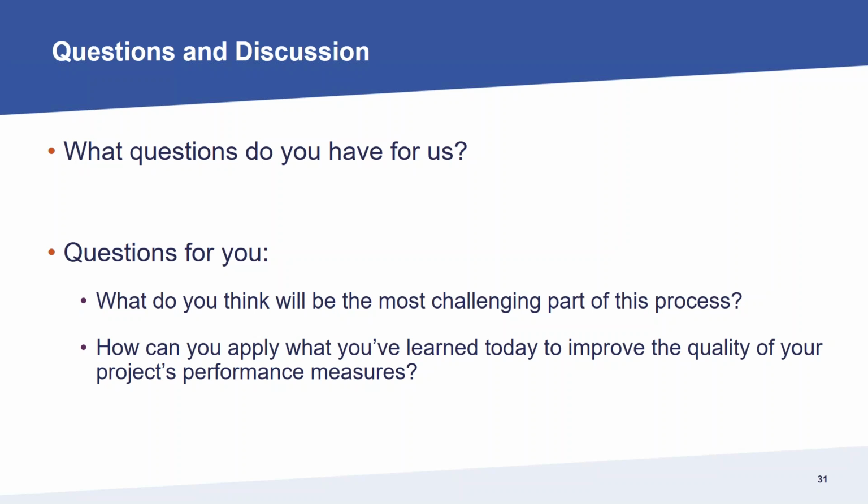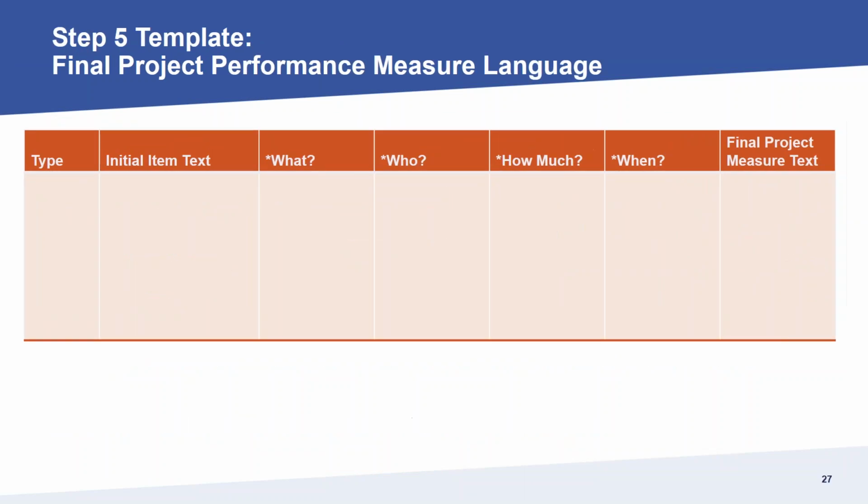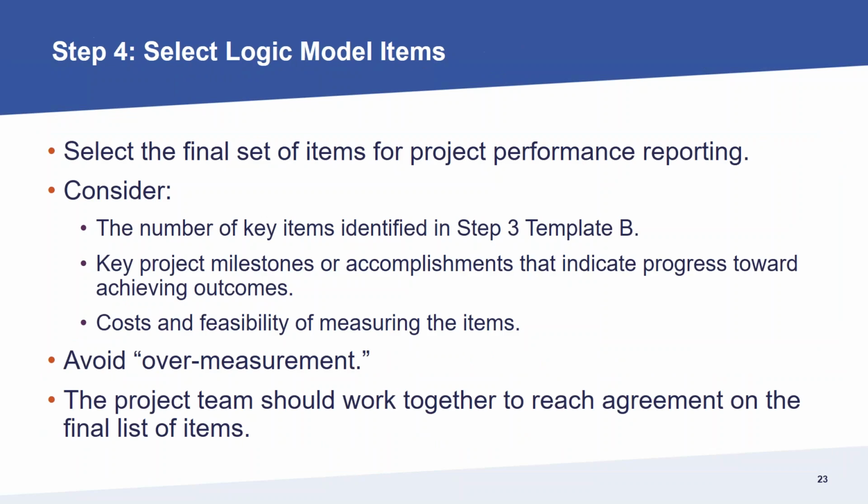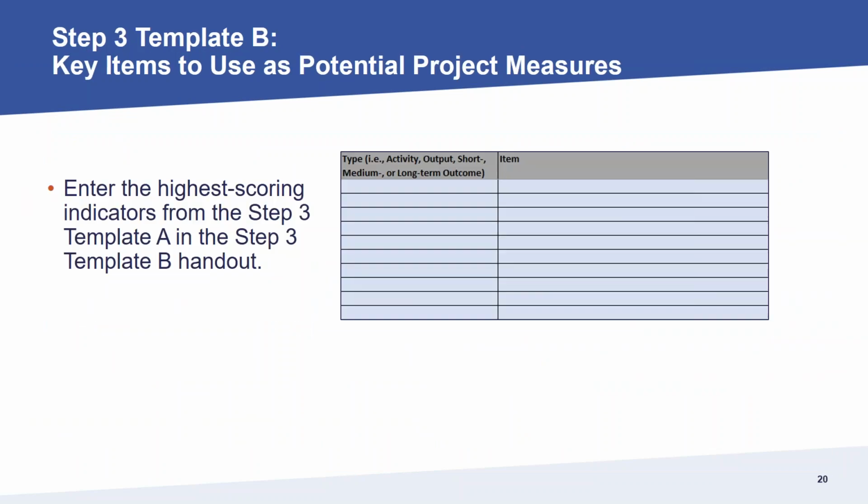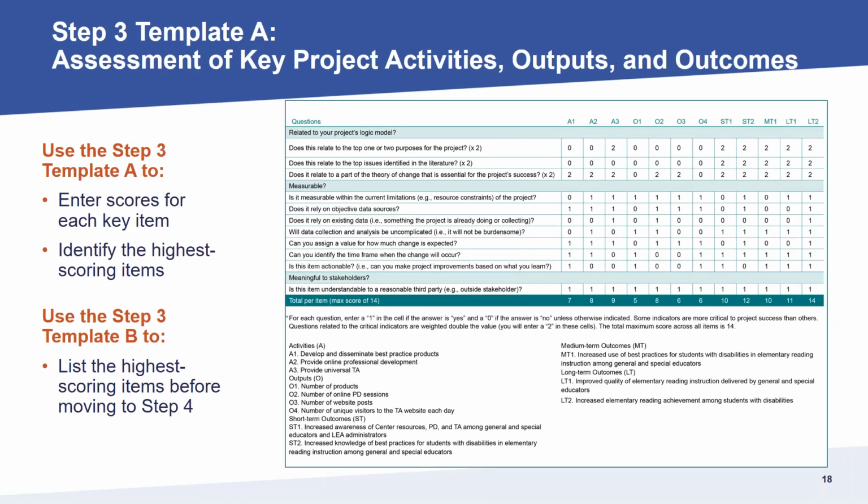So Shauna, we have a question that came in about one of the slides that I presented. So I'm going to just go back on the screen here to show this specific tool. So I'm moving back to this slide where we can see step 3, template A. And someone has written in asking about that third category, meaningful to stakeholders, where you see the row that is light green.